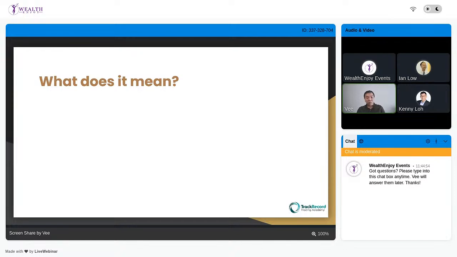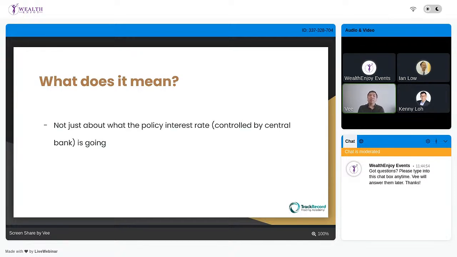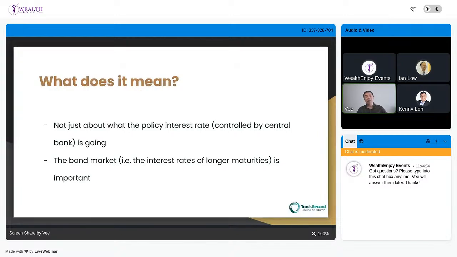So that's important. What does it mean? It means that it's not just about the policy interest rate, which the central bank can control. It is also about the bond market, which is reliant on many factors. Some of them are, of course, demand and supply, government policies, and the likely outlook going forward, inflation. So a lot of things come into play here.